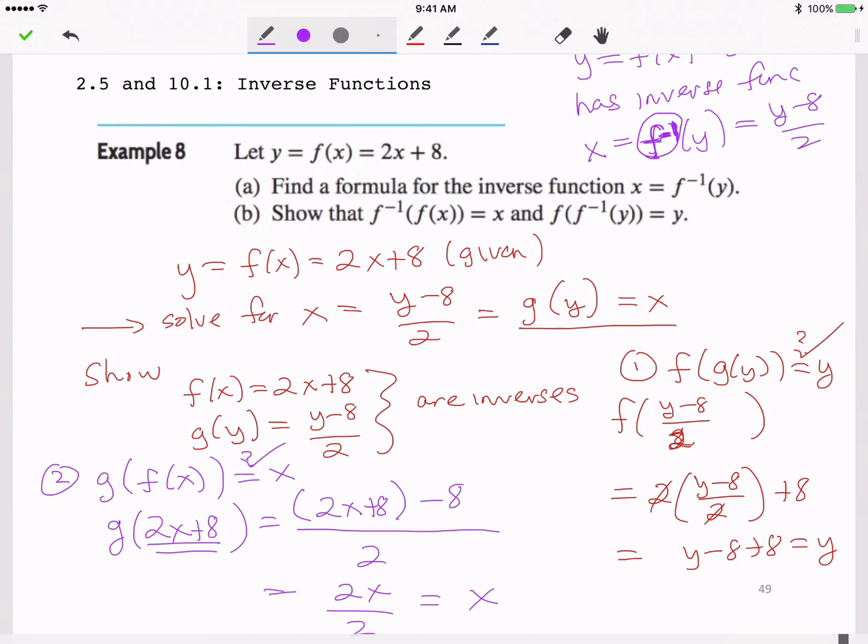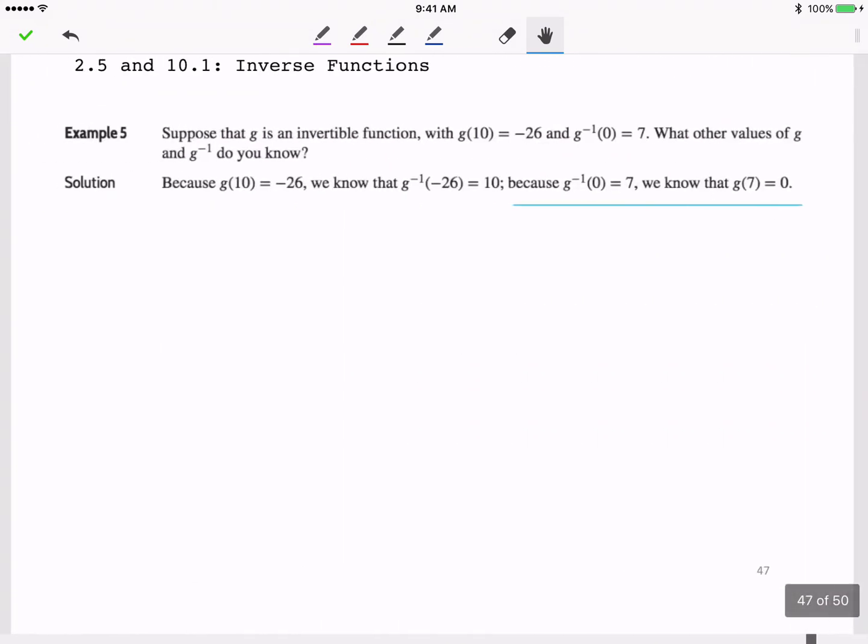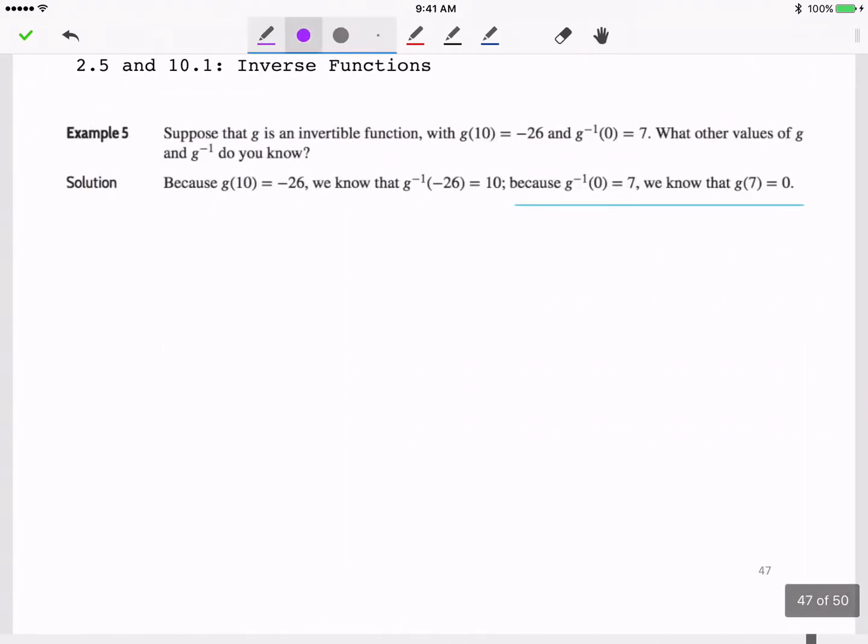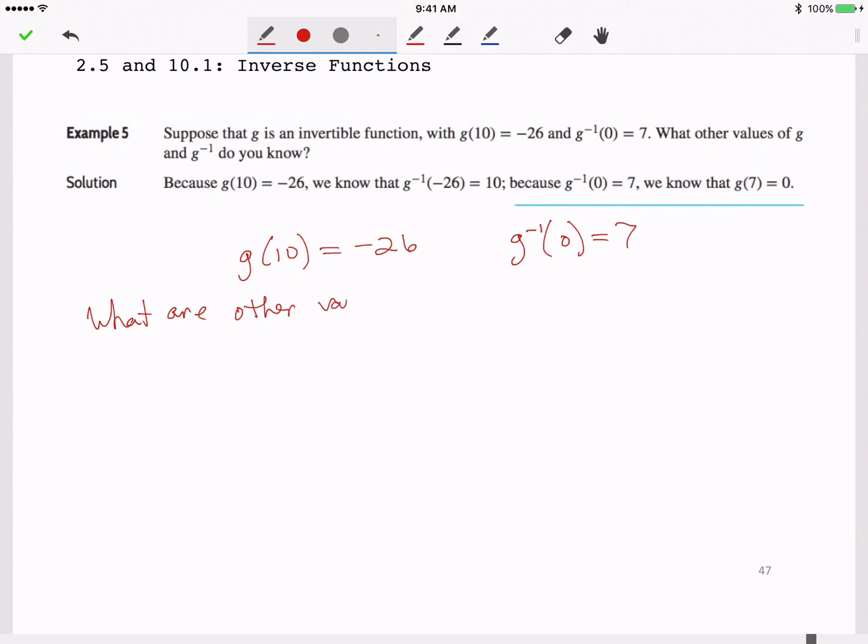One last way that these problems can appear to you is that you can be given some function values. You can be given one value of the function g, and one value of the inverse function, and from there you should be able to find some other values of both functions.